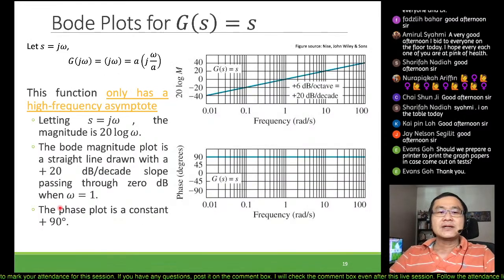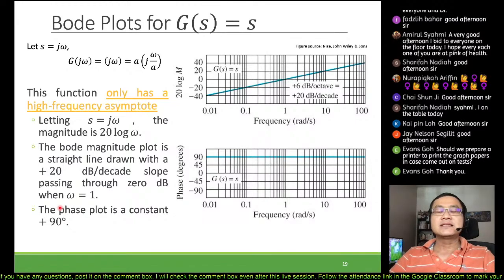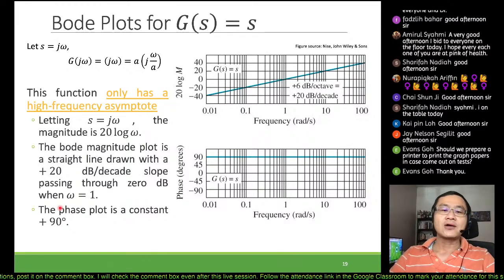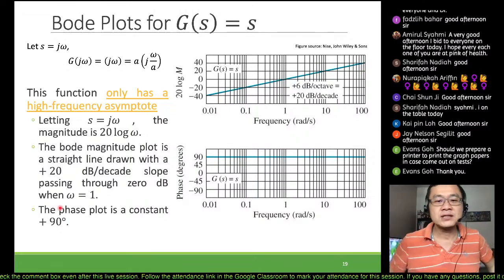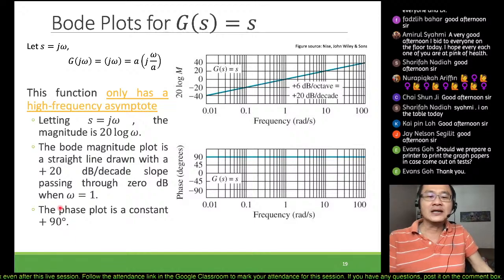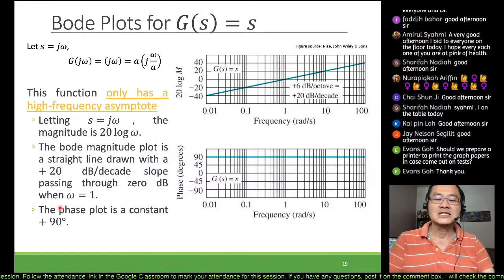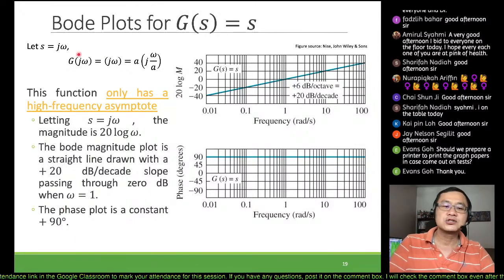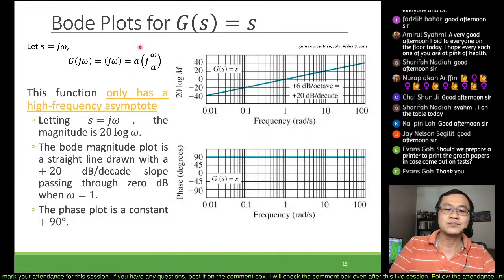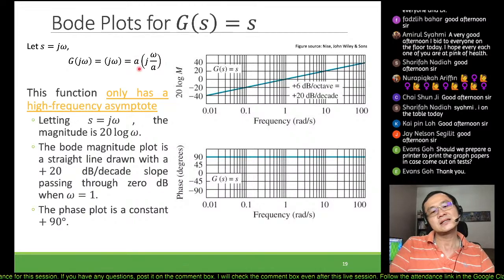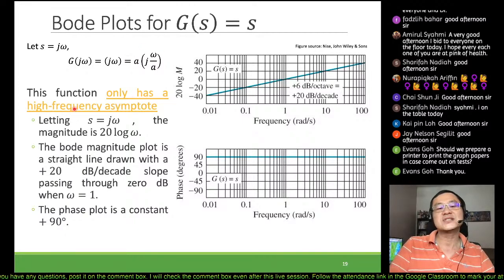Next would be when we want to plot for a zero, a pure zero, only s, no a term there. So once there is only an s value, our transfer function would be purely in this form, meaning to say it only has the high frequency asymptote.